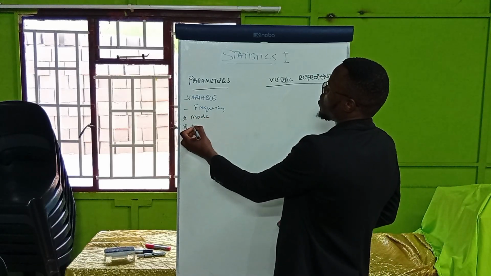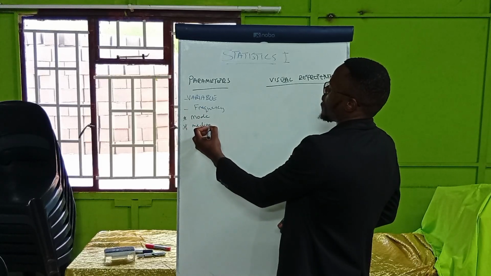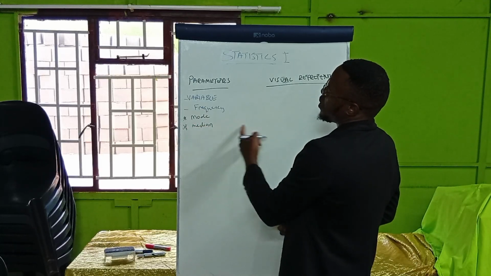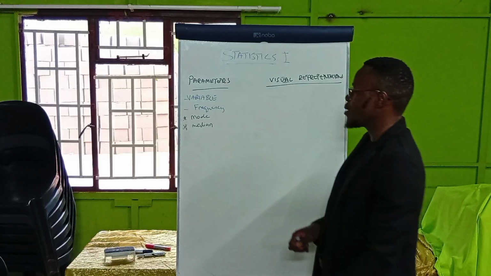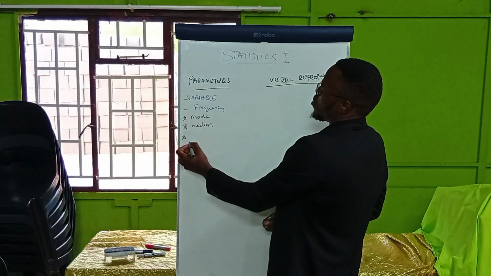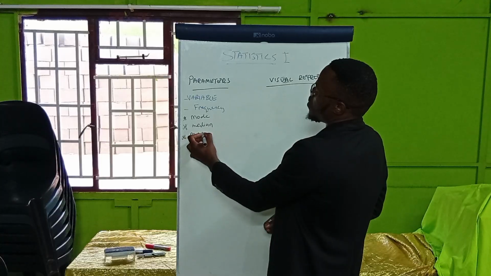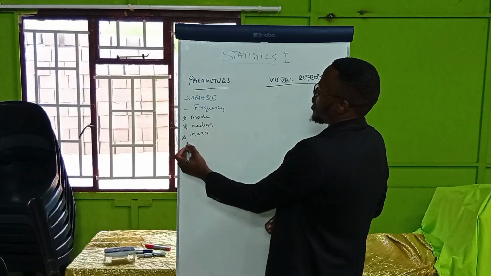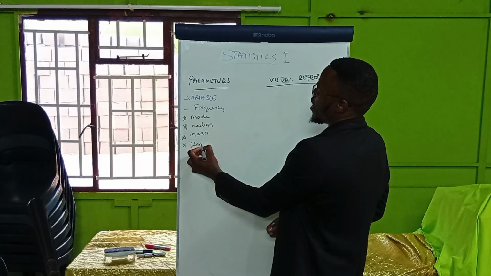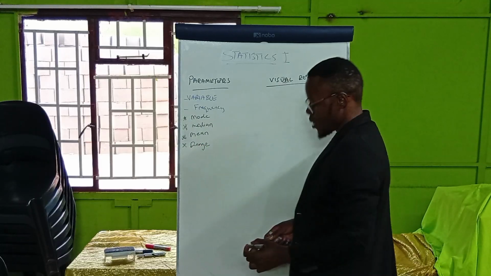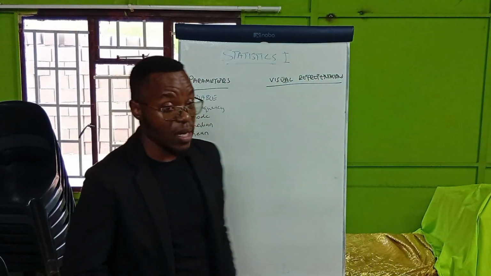We will have what you call the median. And then the median is linked to something else which is called the median position, but for now I will not write it. So we have also what you call the mean, and there's another which is called the range. So these are the main parameters that we'll be looking at.